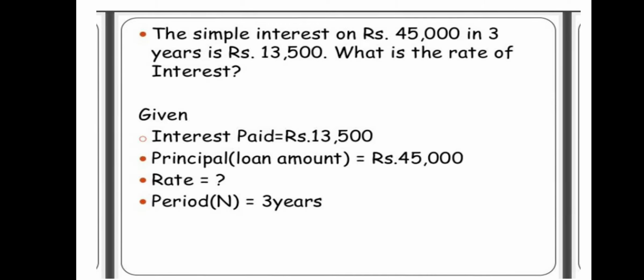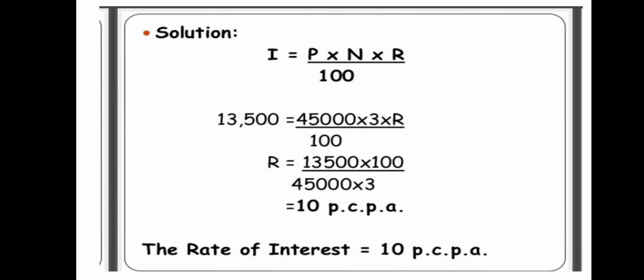Now the next thing is when we don't know the rate at which we have paid the interest. In that case, we know our simple interest on the loan amount of 45,000 for 3 years, and we paid interest of 13,500. But we don't know at what rate we have paid the interest. So how can we find this? The same way.